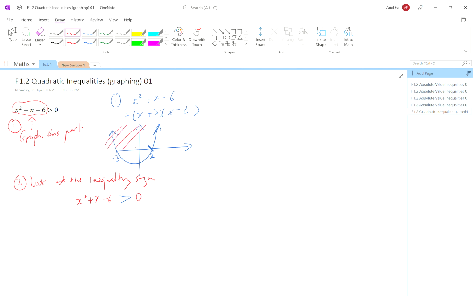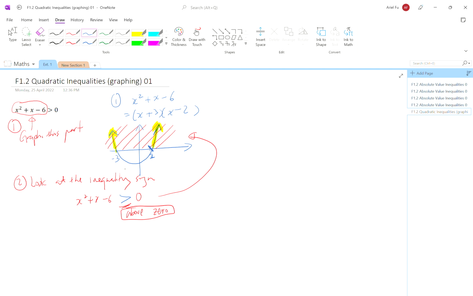I want this part, above 0. In other words, I want this part of the graph, which is above, and this part of the graph, which is above. The other part is underneath.